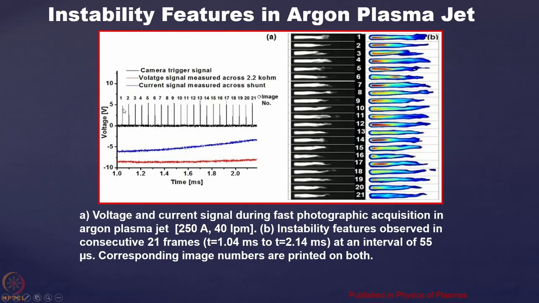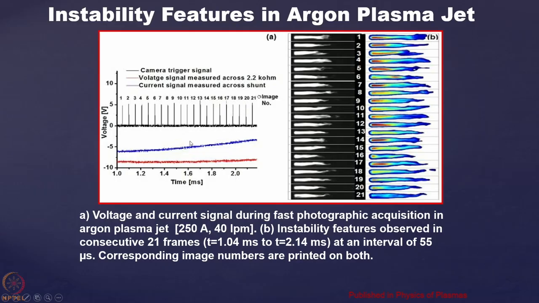Each trigger allows one snap, that is one photograph, to be taken by the high speed camera. There are 21 trigger signals, and for each trigger signal we have captured one image. The first trigger is given the number 1, the second trigger the number 2, and likewise the 21st trigger gives this jet image.